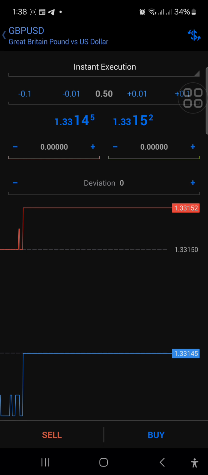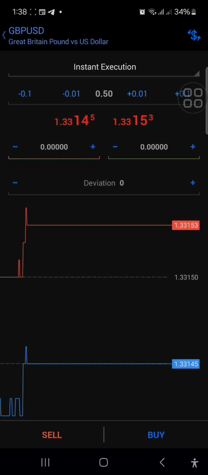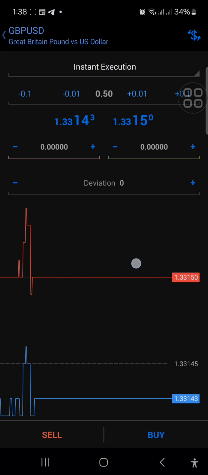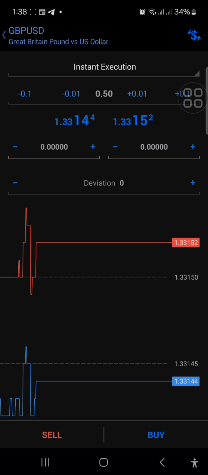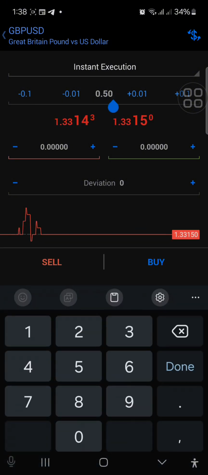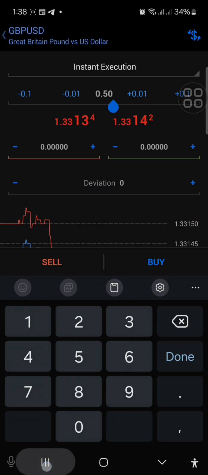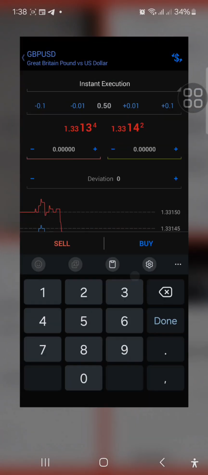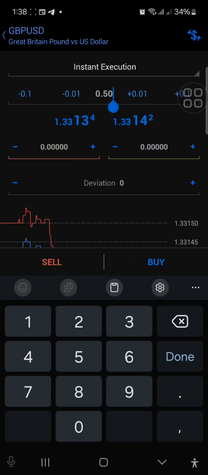It may not be a currency pair, it may be stocks, crypto, whatever. All right, so according to my calculation, this is 32 pips for 0.15 lot size. So that's what I want to be changing here, 0.15 lot size.